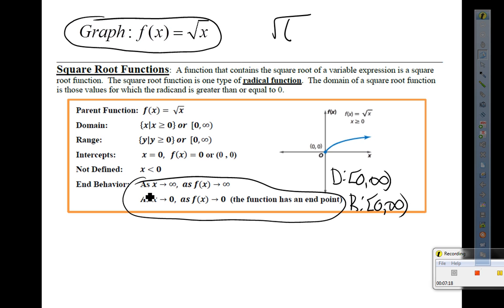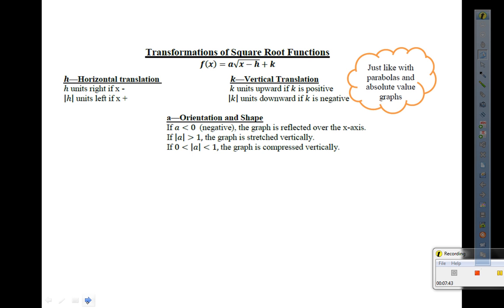Remember, this says as x approaches infinity, as x goes to the right, my graph's going to keep going up forever. As x approaches 0, as it's going this way, I'm going to approach 0. Like I said, I'm not going to worry about that part of it.